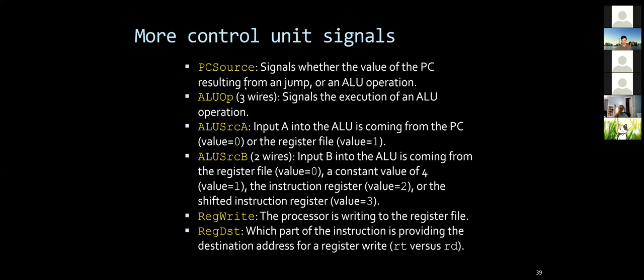So we need to manipulate that. We need to tell where the source registers are going for the ALU. Again, we learned these flags before. There's nothing new about it here. This is just a description of what happens here.